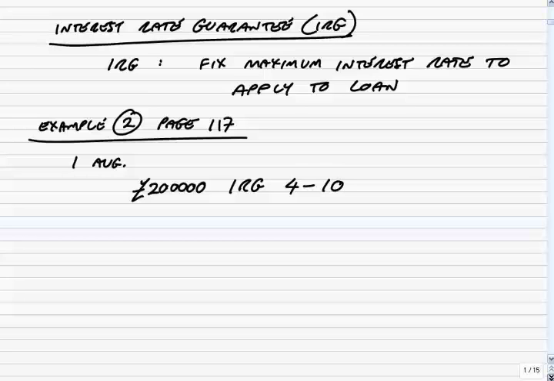But this time, we tell them what the maximum rate we want is. We tell them we want an IRG, and it says we want it at 12%. So we're telling the bank that's the maximum rate we want. Fine, the bank will agree to let us have a maximum interest rate to fix a limit.